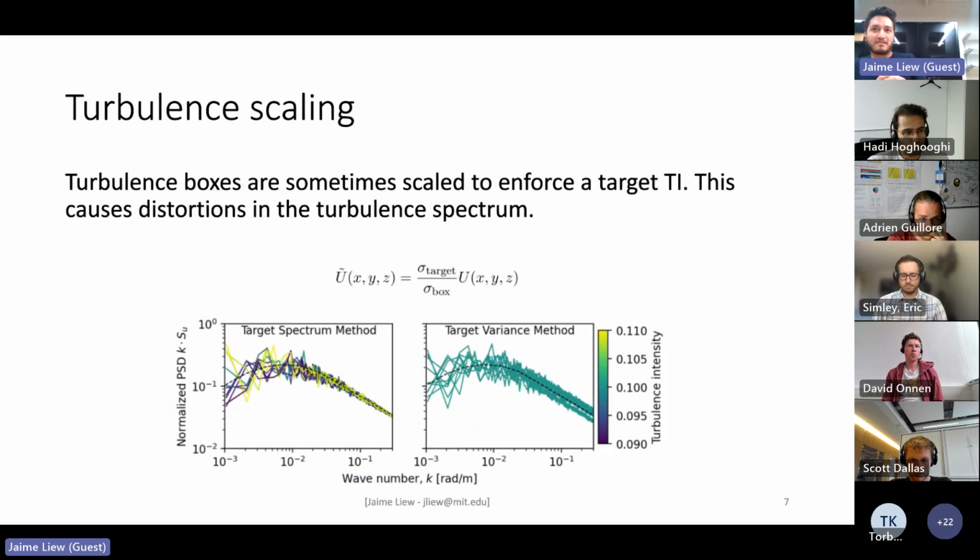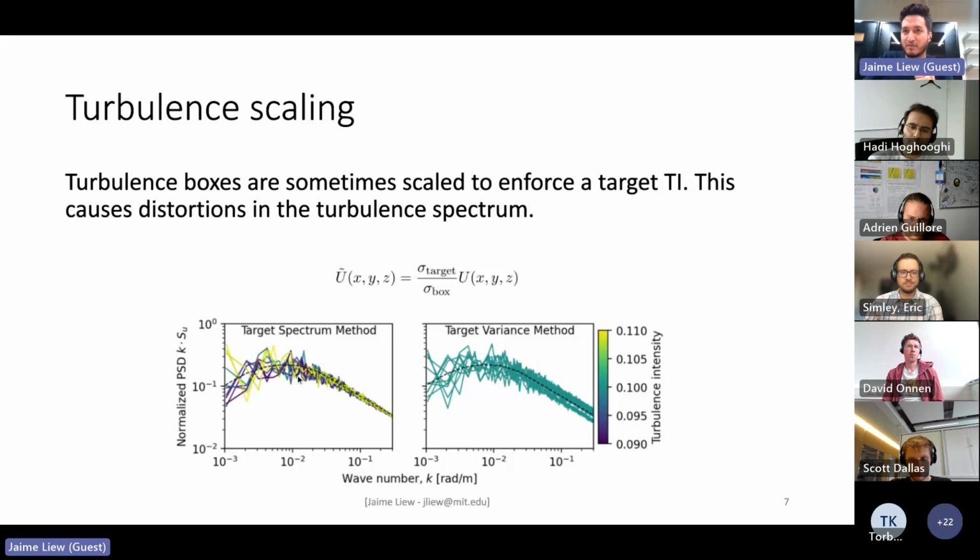And the last thing is turbulence scaling, which is something that we sometimes do in aeroelastic simulations, where we have a turbulence box and we want it to be a particular turbulence intensity, but it's not the turbulence intensity we want it to be. What you can do is scale every point in the turbulence box.